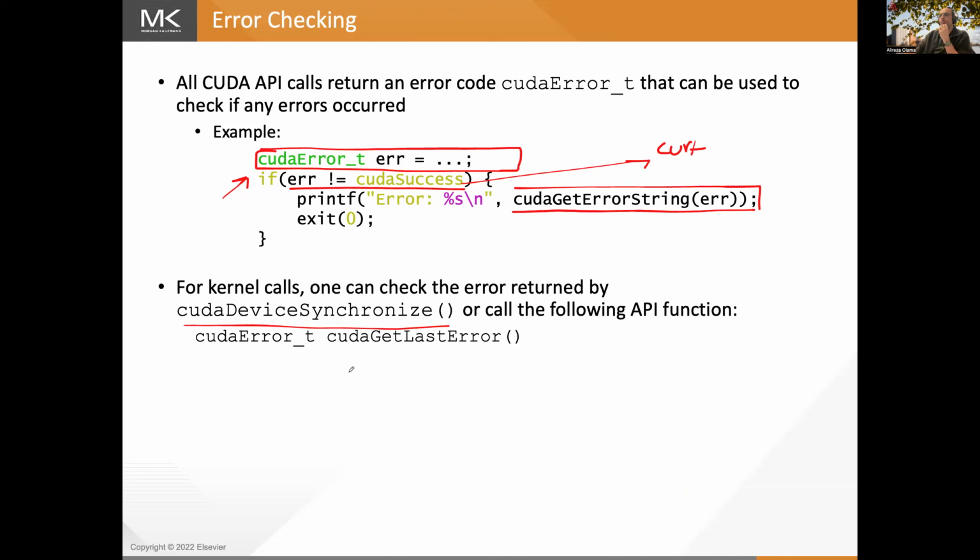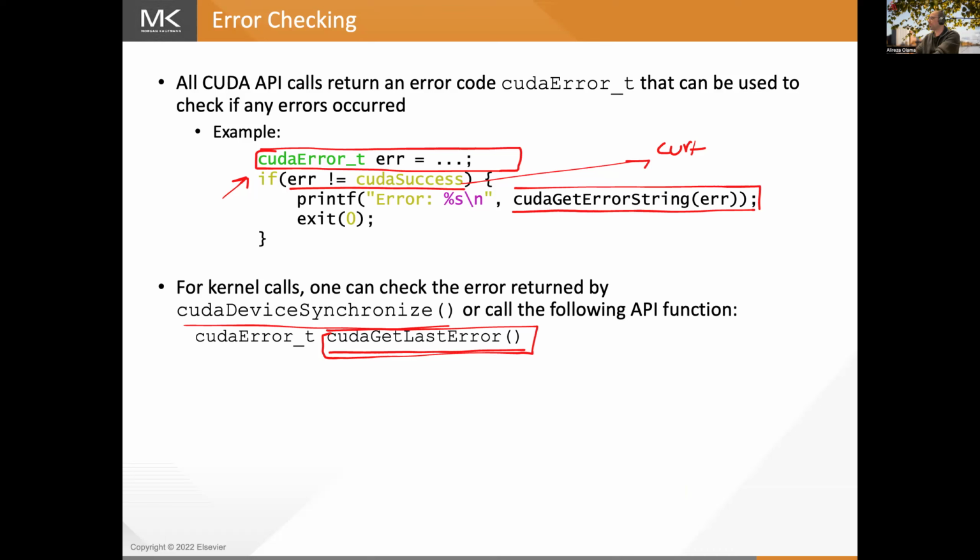So in this case, you should get the error using the cudaGetLastError function, right? So let me explain a very difficult to catch, but typical case. Let me show it to you probably.